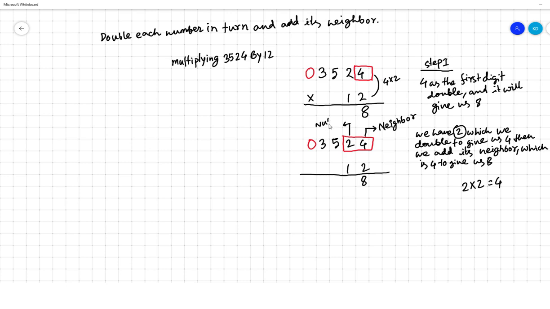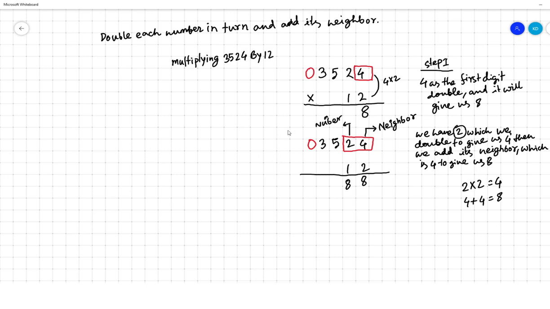It's a number, so we need to add. Always remember, and repeat again: double and add, double and add to its neighbor. So this gives us 8. This is the second step.